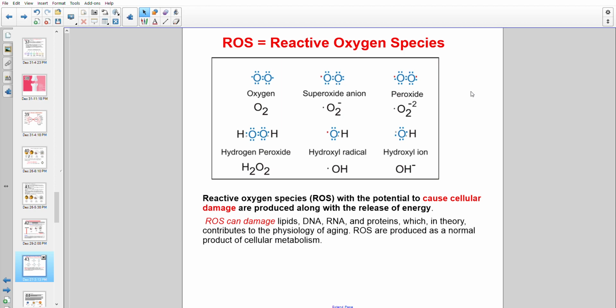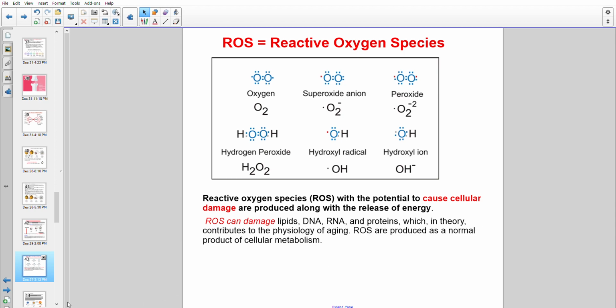They'll break things down. Reactive oxygen species, or ROS, with the potential for cellular damage are produced along with the release of energy, and we'll talk about where they are produced. ROS can damage lipids, fats, DNA, RNA, and proteins, which in theory contributes to the physiology of aging. As people get older, there's a lot of reactive oxygen species, and they start degrading the cells.